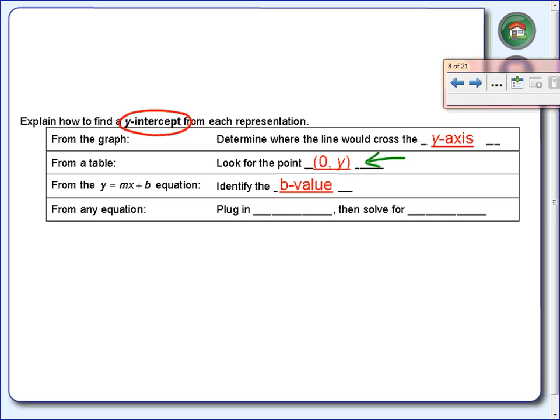So what we're going to do is plug in 0 for the x, and then solve for y.